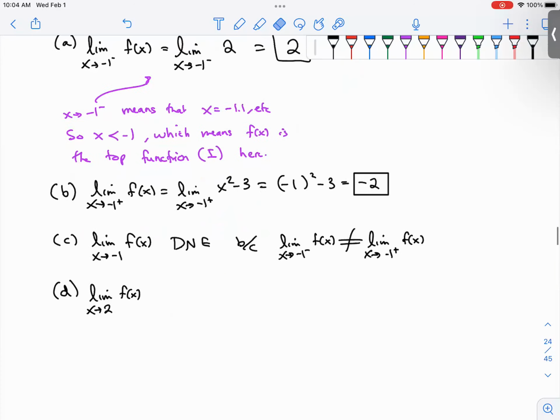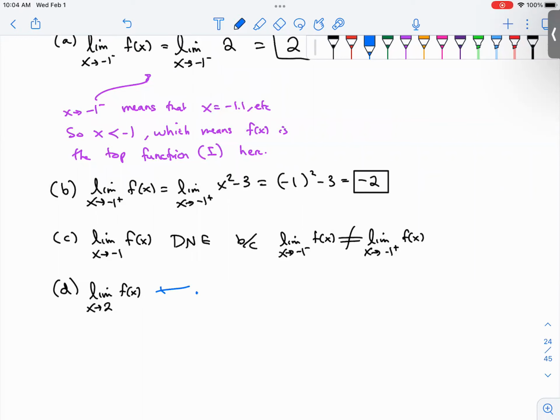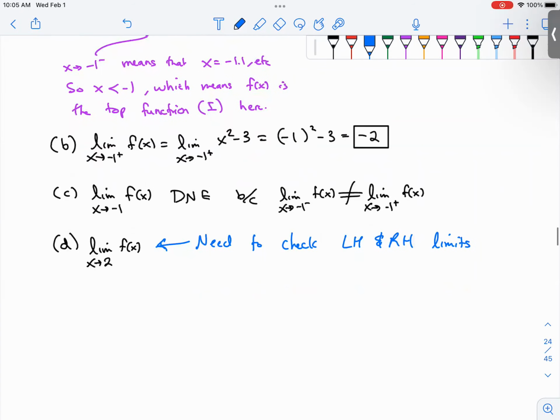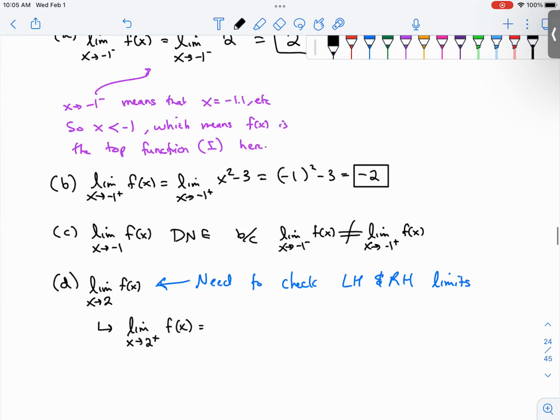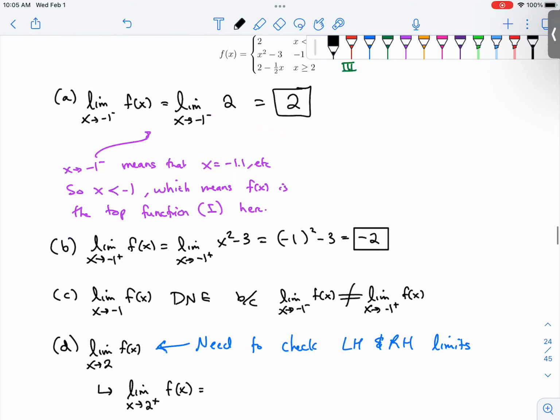So we need to check the left-hand and right-hand limits. The limit as x approaches 2 from the right of f of x is equal to... All right, so looking at the function, because I don't have that.